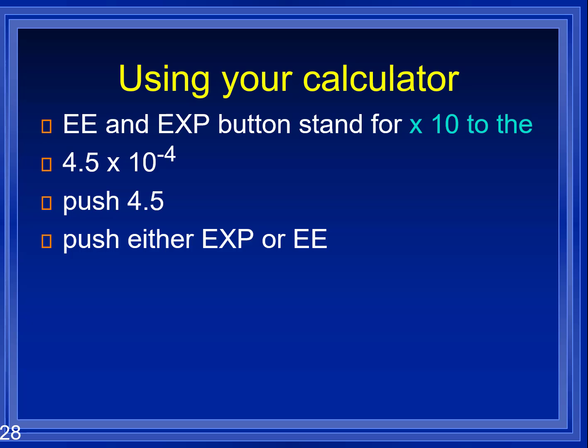Your screen is going to change in some way. Some calculators write times 10 to the x. Some put a couple of numbers in the upper right-hand corner. Some take the number that you had, shift it over, and leave two numbers. Some put the letter E down there to tell you the next one's an exponent of 10.